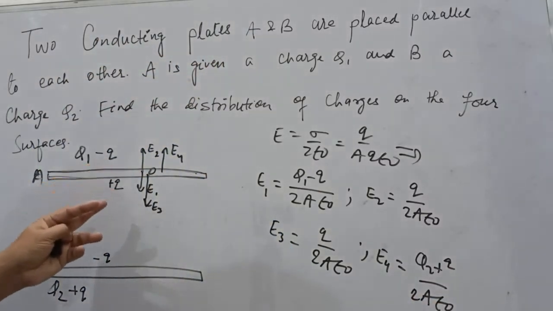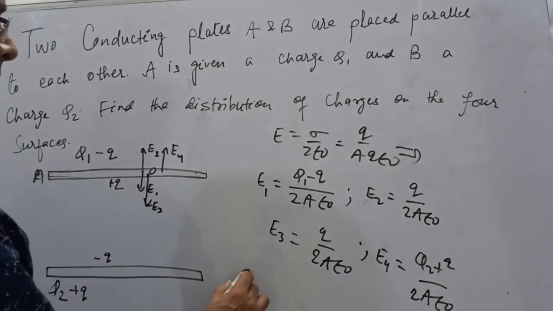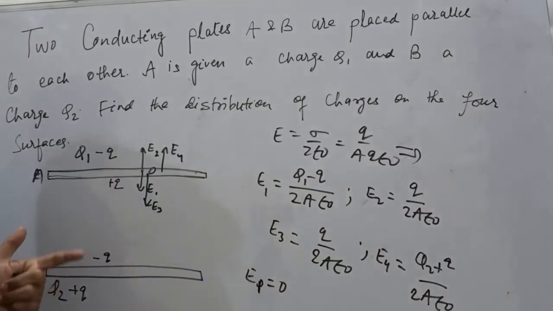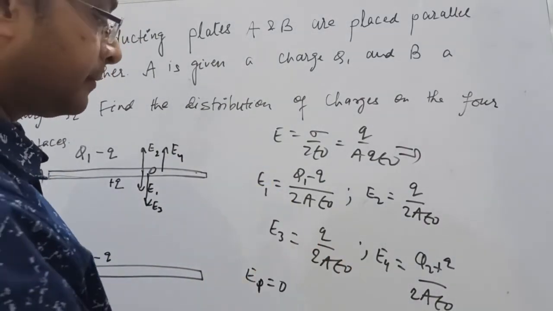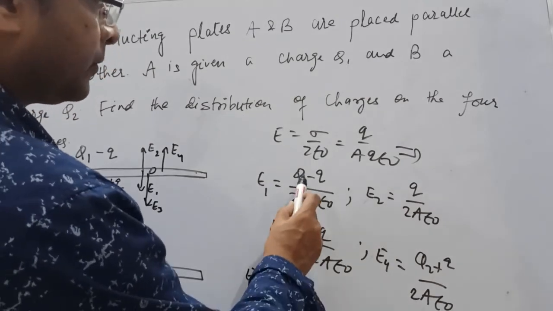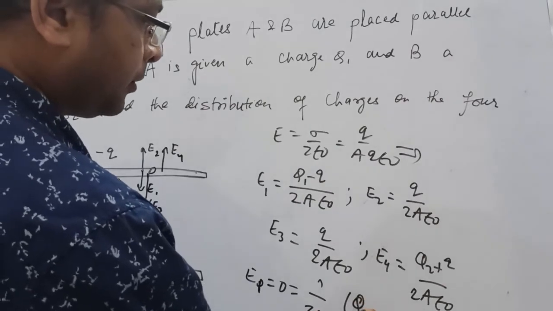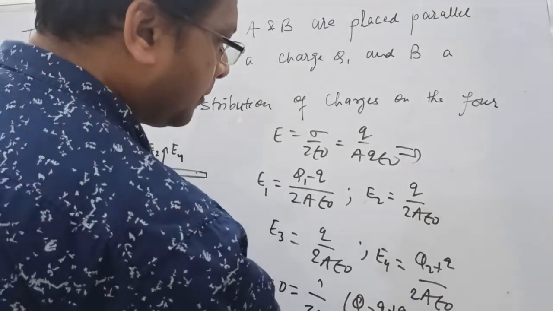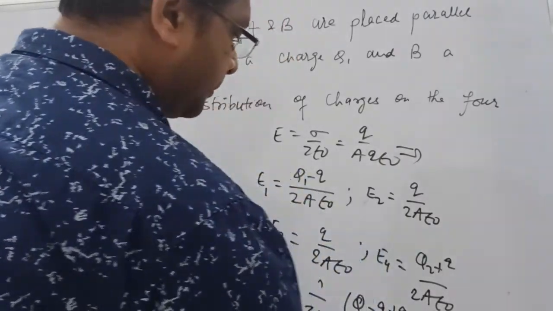So there are 4 electric fields due to the 4 surfaces we have been given. E total at point P will be 0 since it lies inside the metal. So add these 4 electric fields, put it equal to 0 and then solve it. 1 by 2A epsilon naught will be common. So (Q1 minus q) plus q plus q plus (Q2 plus q), this entire thing comes out to be 0.